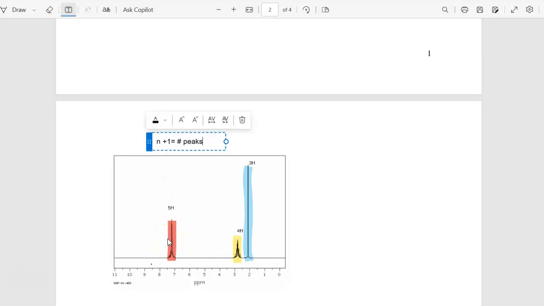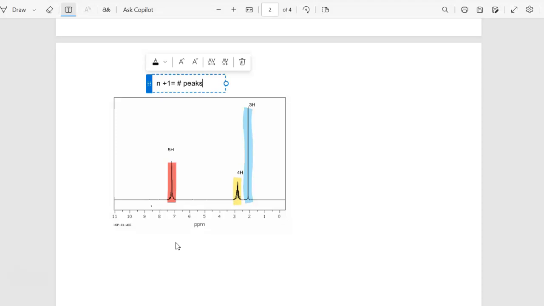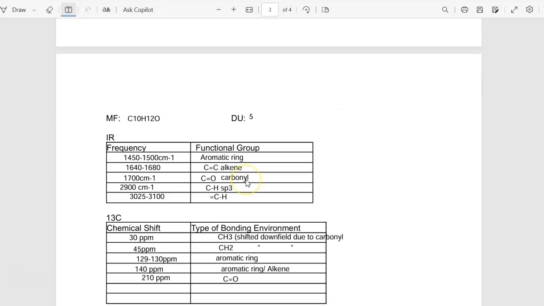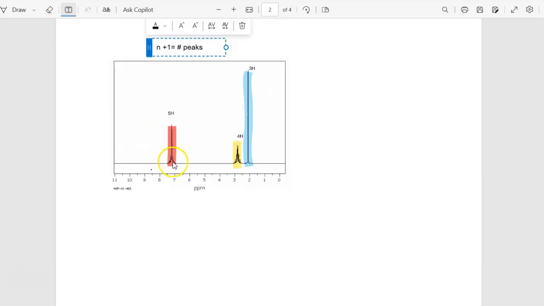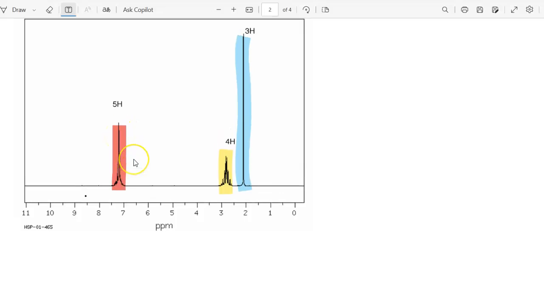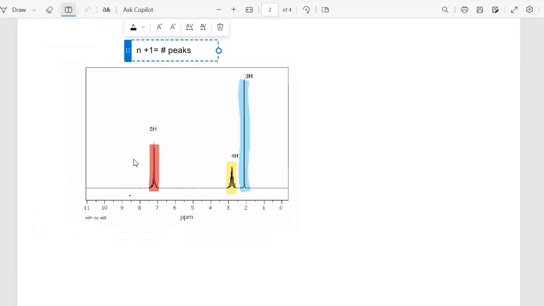It's kind of hard to tell how many peaks exactly there are. I put a triplet, but I think that there's more. It's hard to see exactly, but probably more than a triplet. So once again, these are the hydrogens on the aromatic ring.